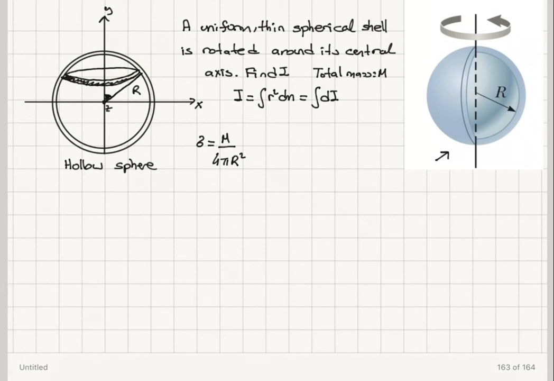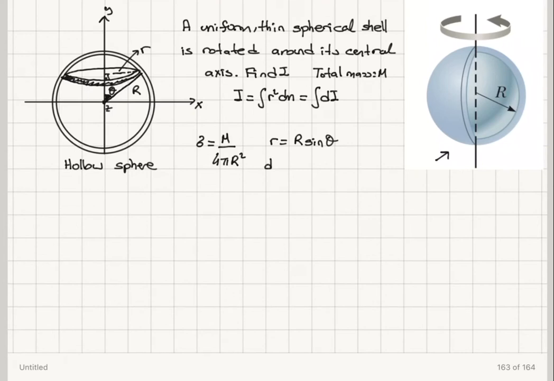So if this is the angle theta here, I call this angle theta, the radius of the ring, small r, would be equal to r sine theta. Okay.